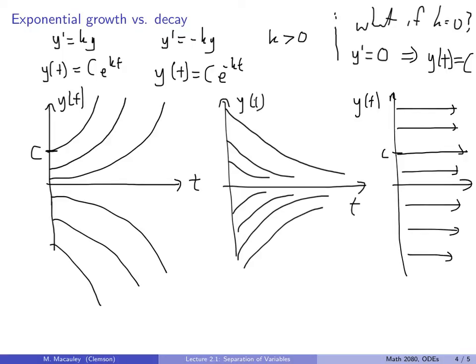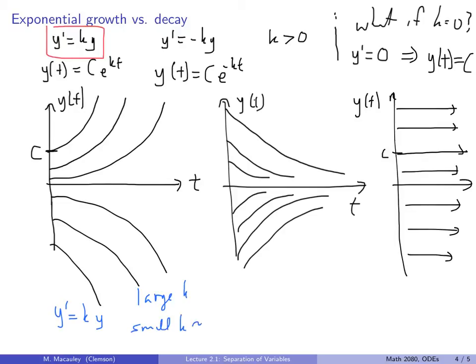Now let me say one or two more things about this. Let's now picture that we have an equation like this, and suppose we change the value of k. We're going to do more of this later. Let me just ask an open-ended question: what about y prime equals ky for large k versus small k?